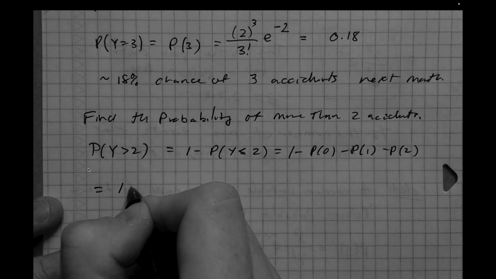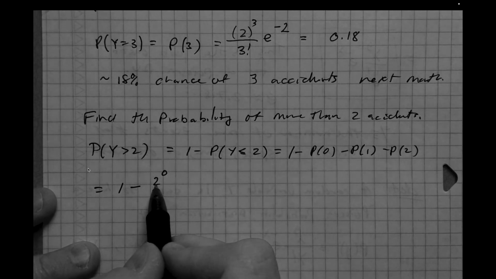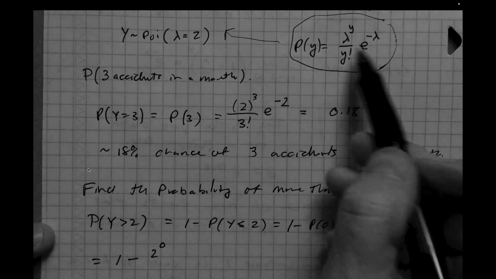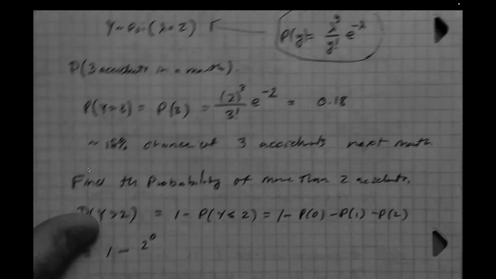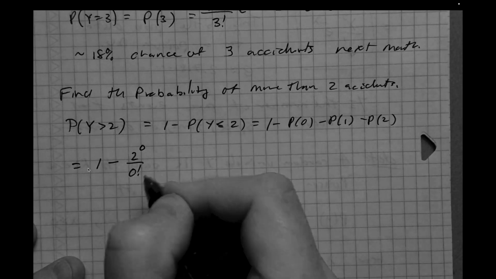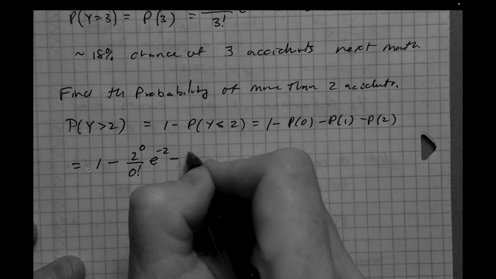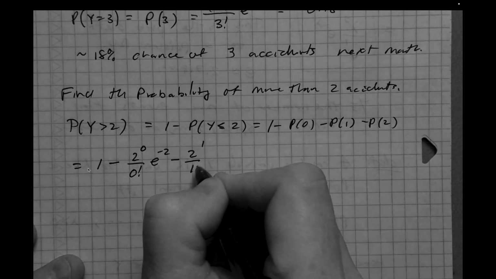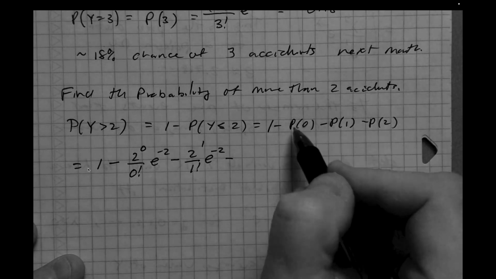So we've got 1 minus 2 to the, remember lambda is 2, and so lambda to the y over y factorial times e to the negative lambda. So 1 minus 2 to the 0 power over 0 factorial times e to the negative 2, minus 2 to the first power over 1 factorial times e to the negative 2, so we got those two.